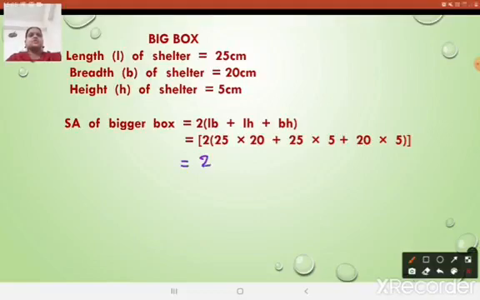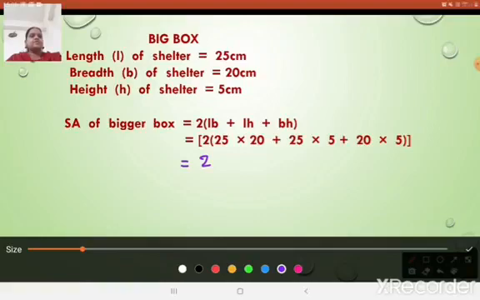So 2 here, just wait a minute. Here what you will get? 2 in the bracket 25 into 20. 25 2s are 50. So it is 500 plus 25 5s are 125 plus 20 5s are 100.